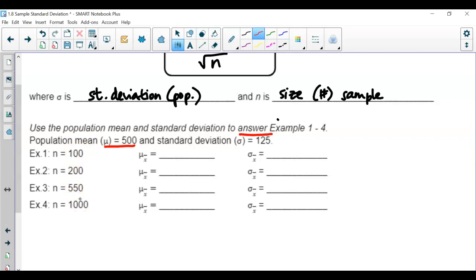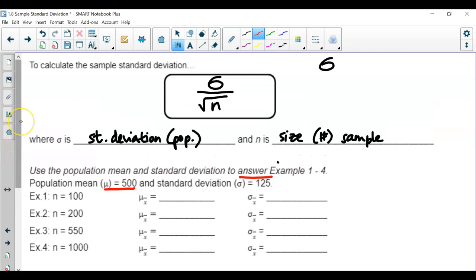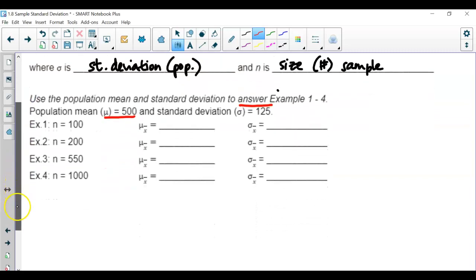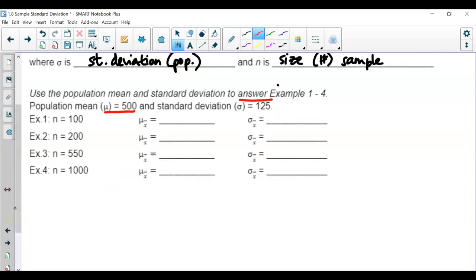Now, keep in mind, we only discussed how the sample standard deviation is calculated using our population. But remember, mean is always mean. No matter what, it will not change from the population to the sample. They will always be the same.